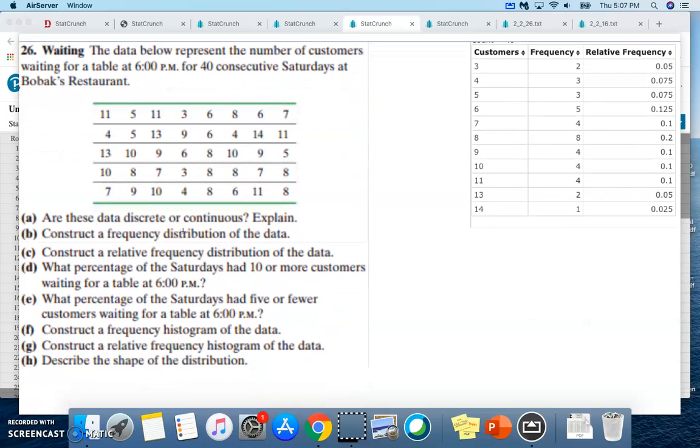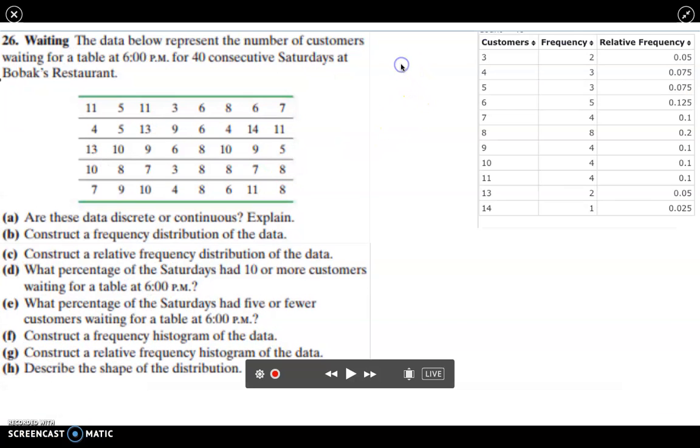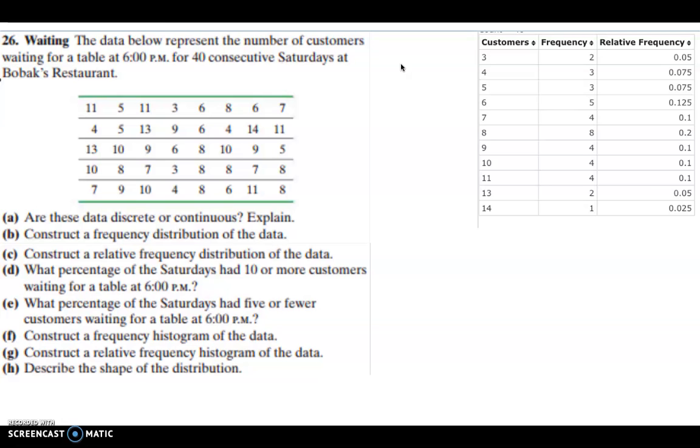Okay, so now this next one we're going to be looking at wait times. And we've got the data right here: the number of customers waiting for a table at 6 p.m. for 40 consecutive Saturdays at Bobak's restaurant.